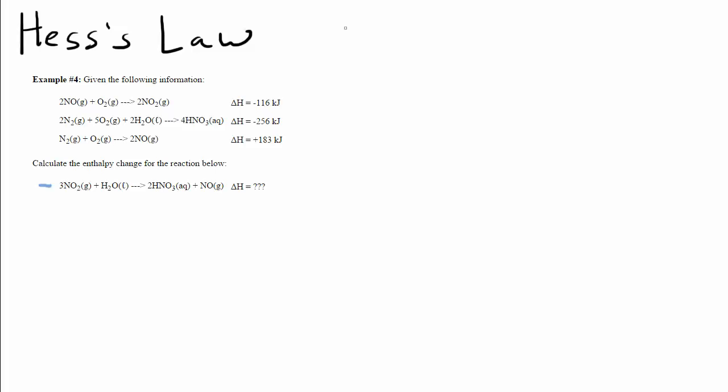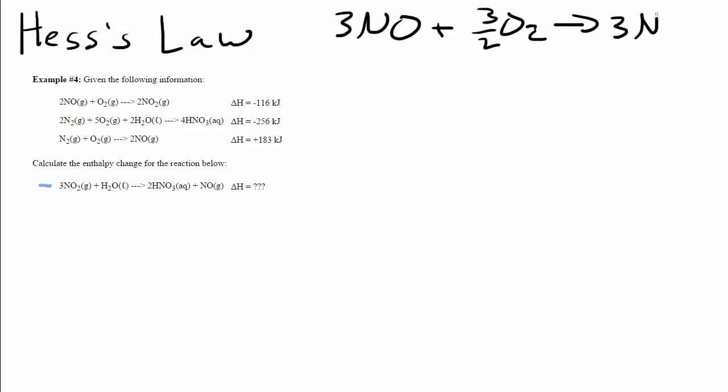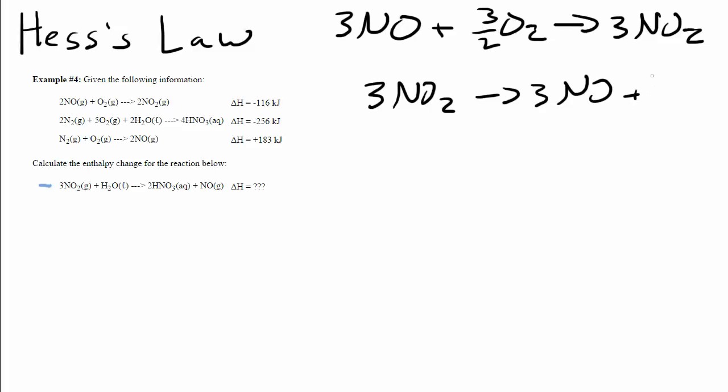So we're going to get 3 moles of NO, and then 3 halves of O2. That's going to make 3 moles of NO2, but it's on the wrong side. So I'm going to flip it. So it's going to be 3 moles of NO2, making 3 moles of NO and 3 halves of O2.